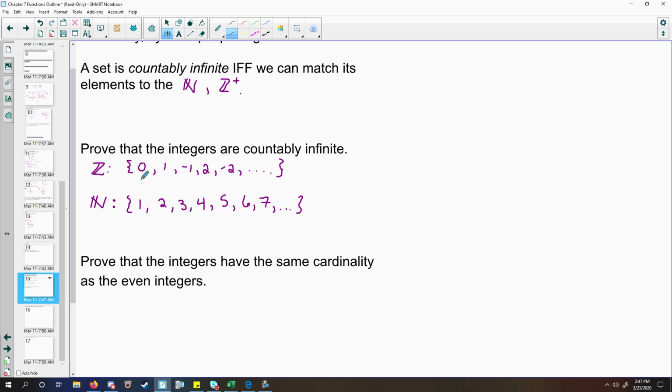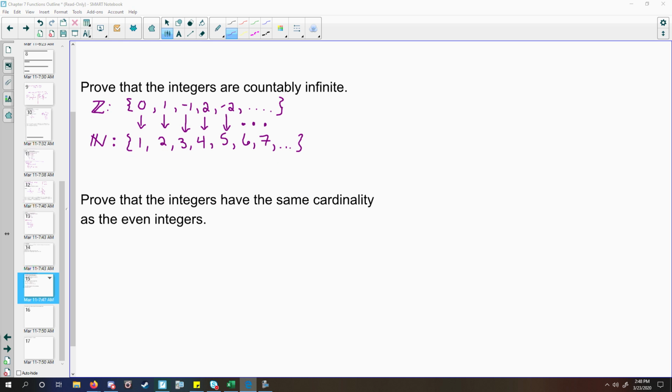So I'm going to start and just map them in this order. 0 will map to 1, 1 to 2, negative 1 to 3, 2 to 4, negative 2 to 5, and then if you kept this list going, you would map 3 to 6, negative 3 to 7, so on and so forth. So if this pattern continues, you've shown that there is now, in fact, a bijective map from the integers to natural numbers, therefore their cardinalities have been proven to be the same.